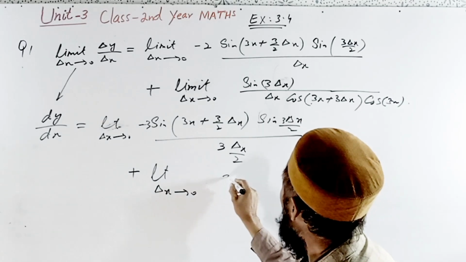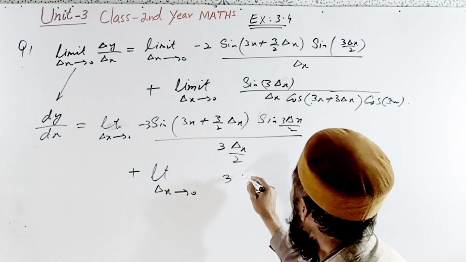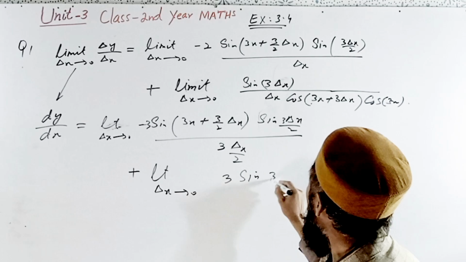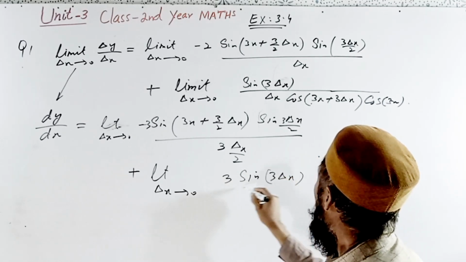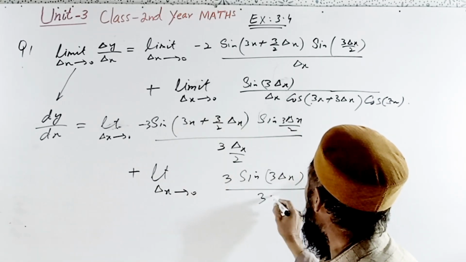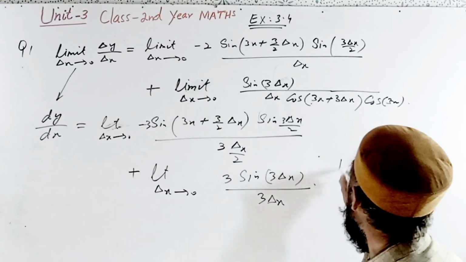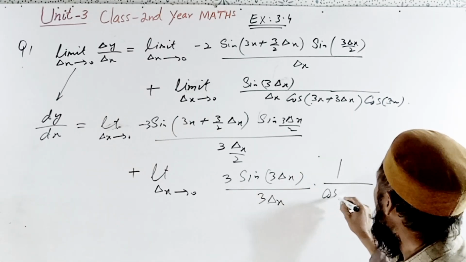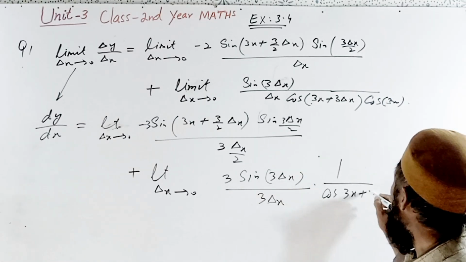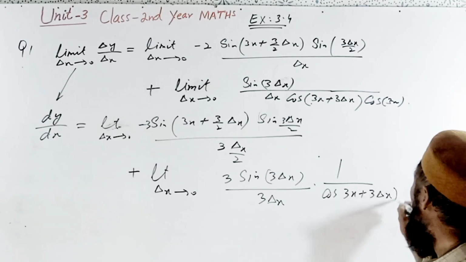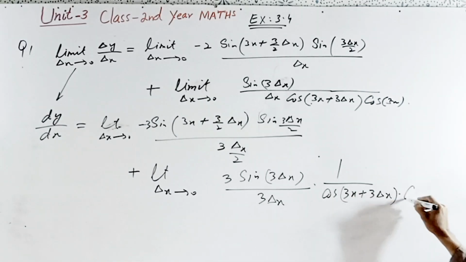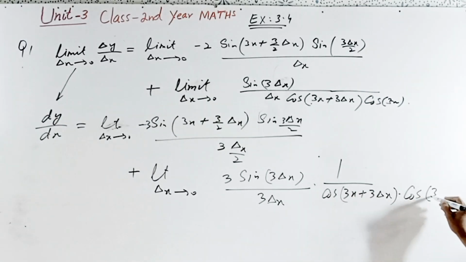If we multiply 3 sine 3 delta x and divide by 3 delta x, both are the same, and here 1 divided by cos of 3x plus 3 delta x into cos of 3x.